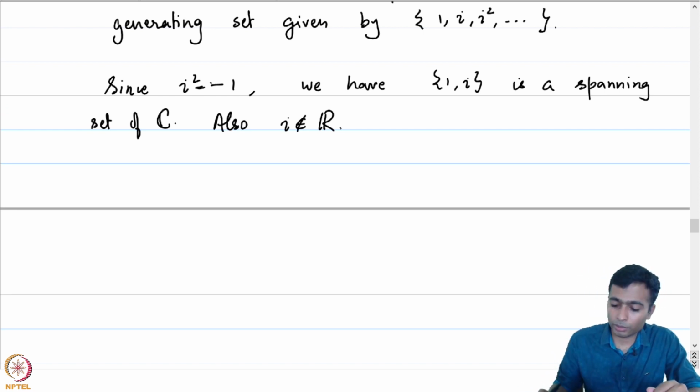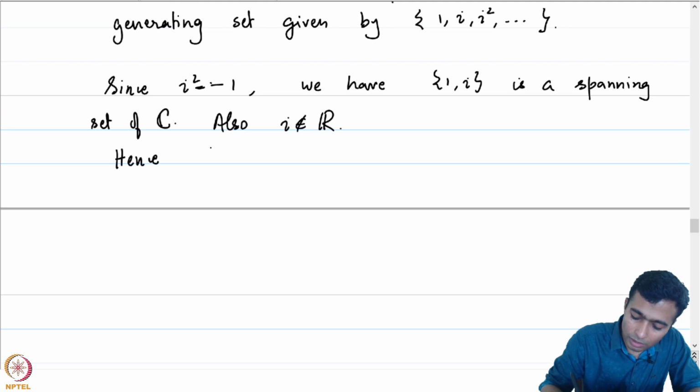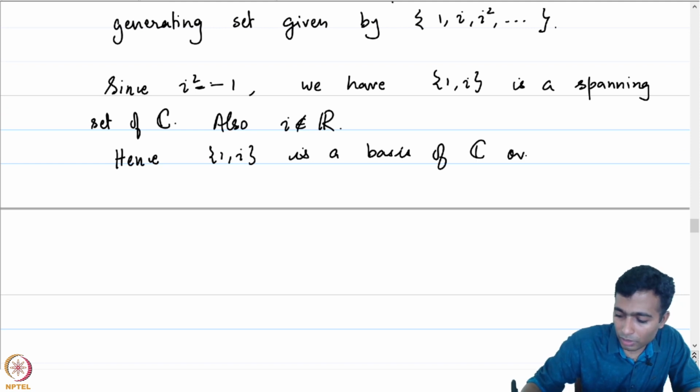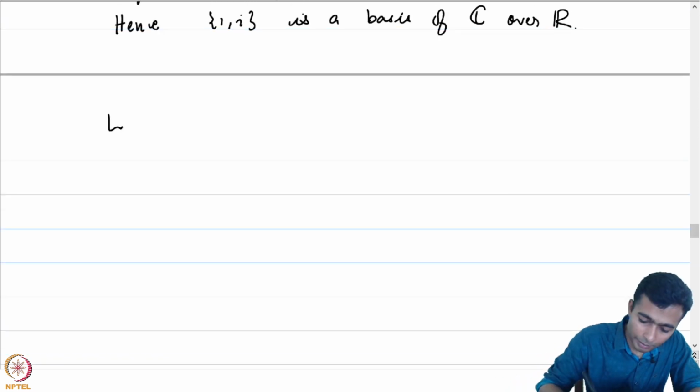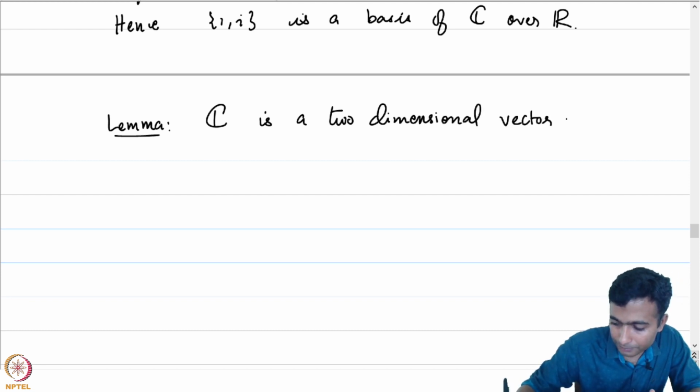Right, so i does not belong to R, and therefore 1 and i turn out to be linearly independent. So hence 1 comma i is a basis of C over R. So we have just established as a lemma, let me write it down: C is a two-dimensional vector space over R.